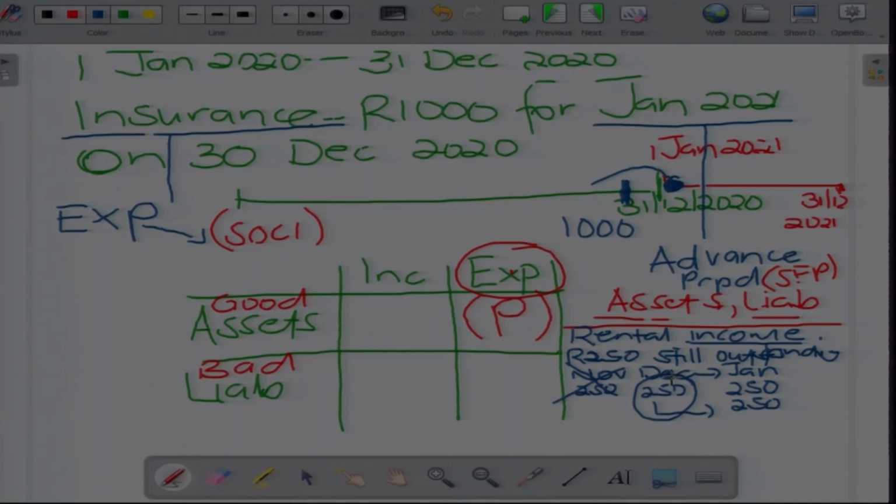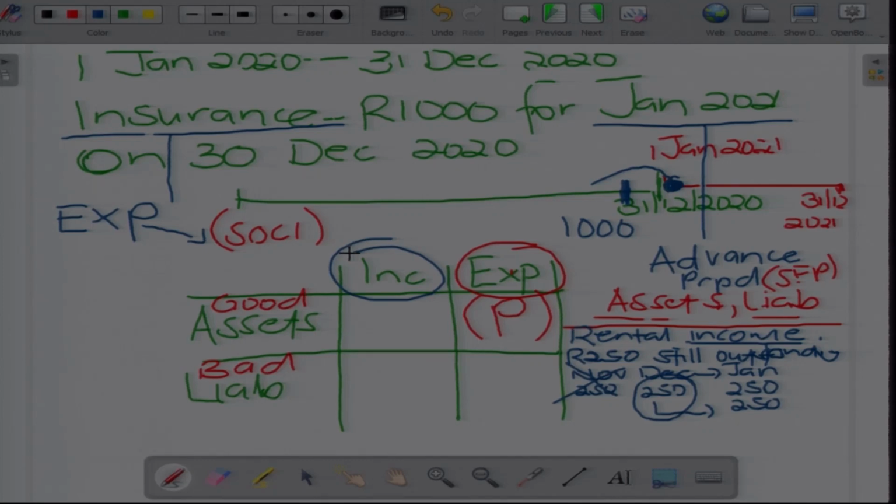So when an income is in arrears, so this is an income, and now the income is in arrears. It's called accrued, right? So it means that seeing that I am the landlord, you are renting from me, you must pay me double in January because you did not pay me in December.